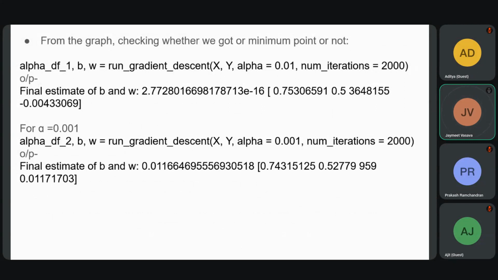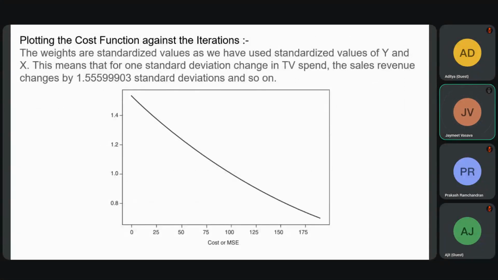So as from the graph, you can see the value of cost keeps on declining with the number of iterations.